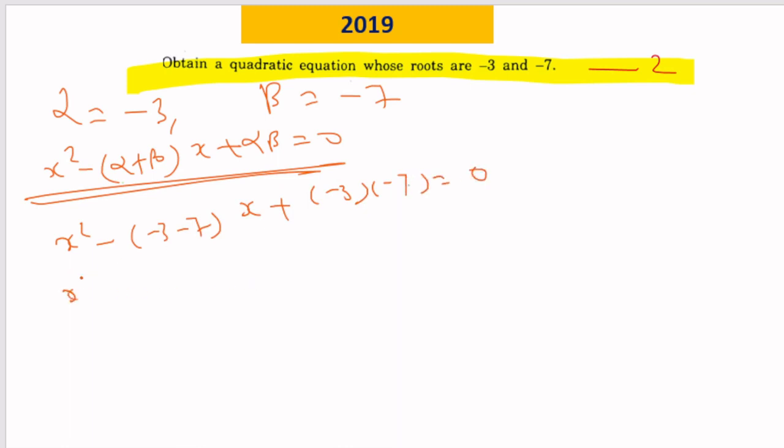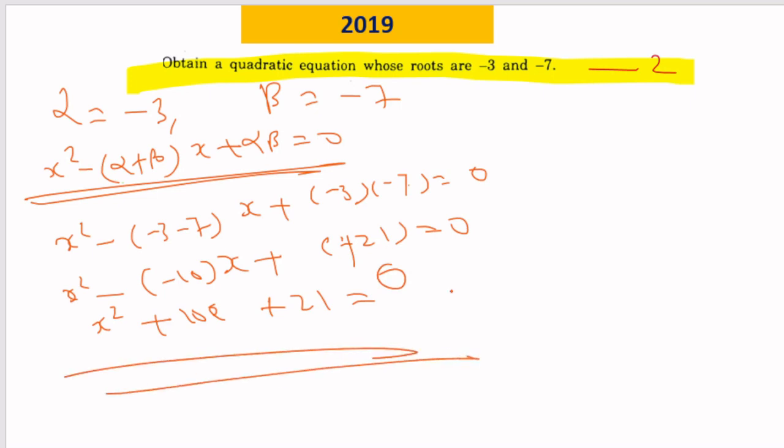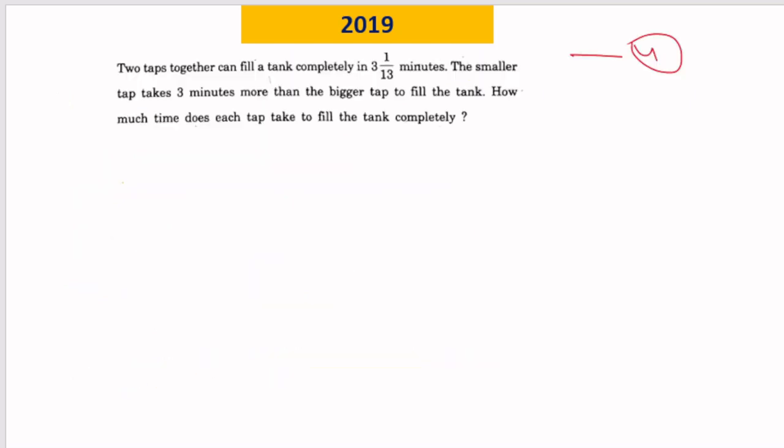This will be x² − (−10)x + 21 = 0. I can write properly now: x² + 10x + 21, not minus, this will become plus, minus into minus, and this will be your equation. 2 marks. Damn easy.